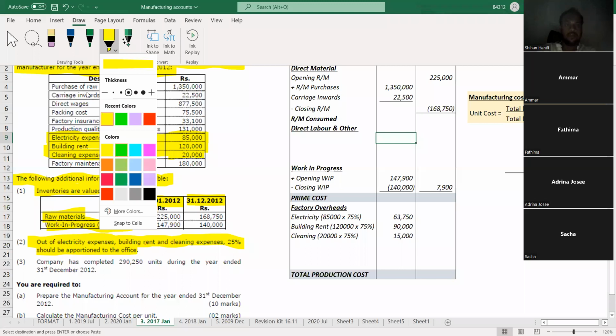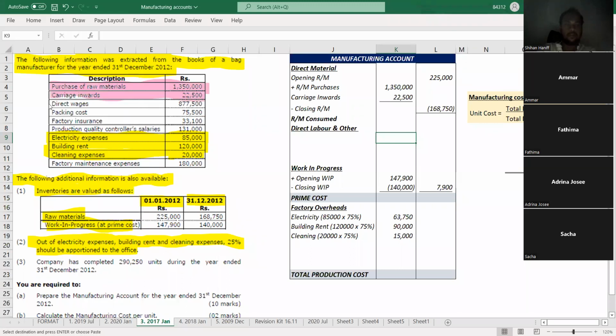Purchases, carriage inwards. Direct wages 877,500. Packing cost, as I said earlier, the packing cost is a direct other expense. Packing cost 7,500.